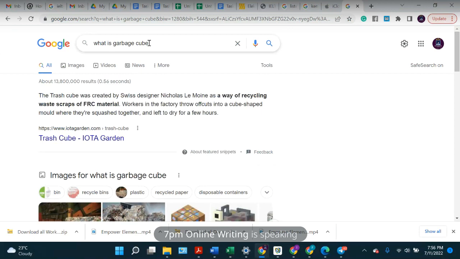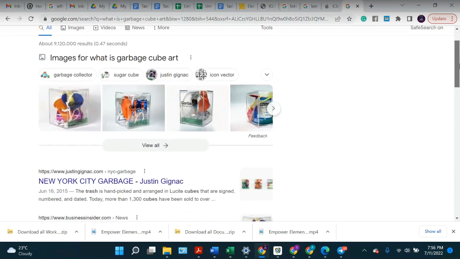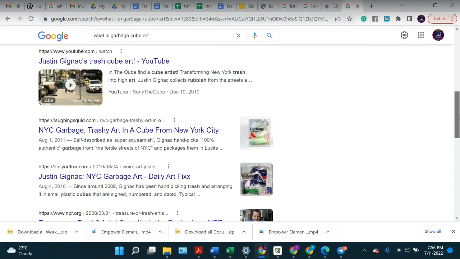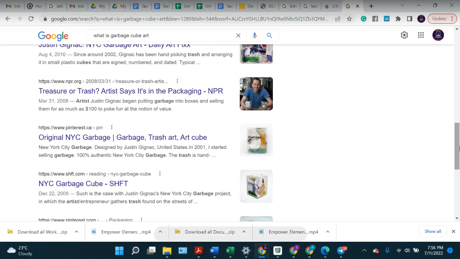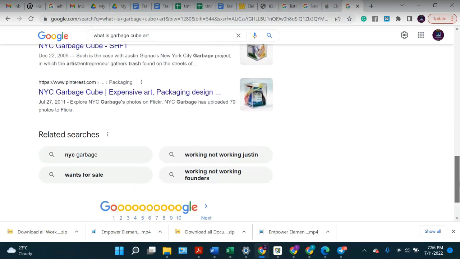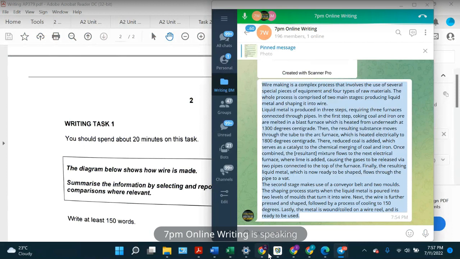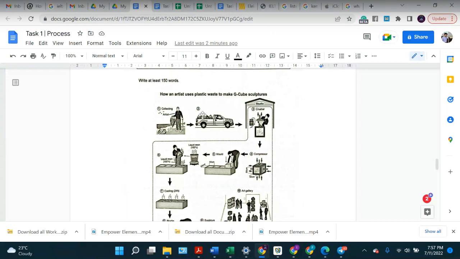Garbage cube art, maybe? It's interesting. This is something new for me, this whole concept. So how an artist uses plastic waste to make G-cube sculptures.